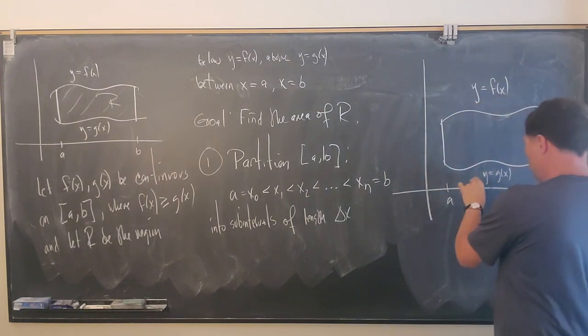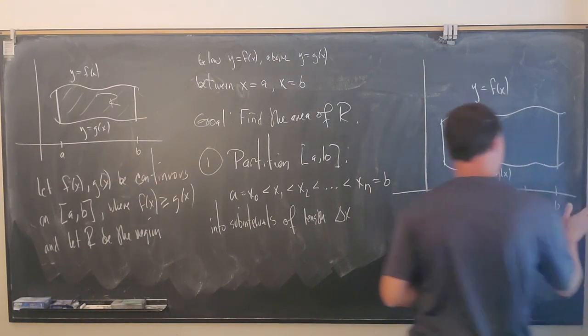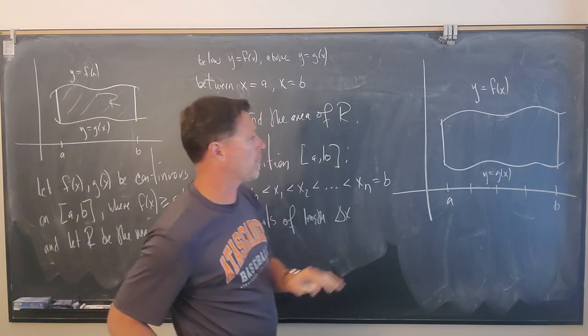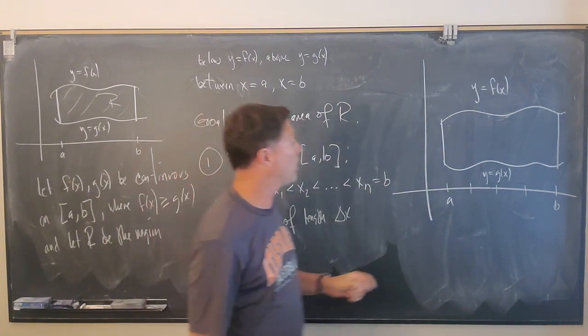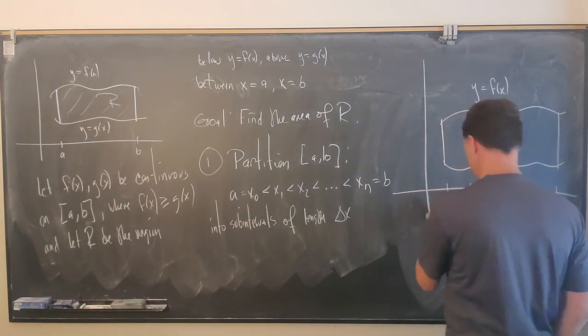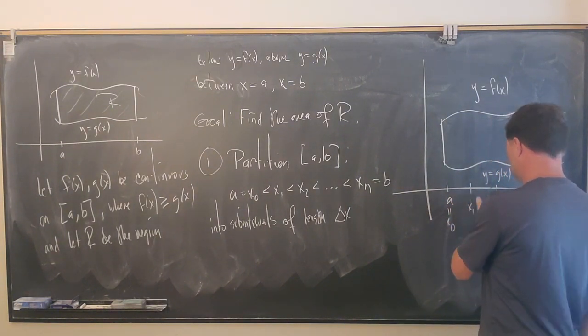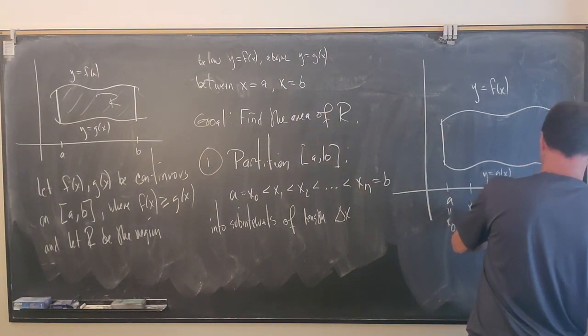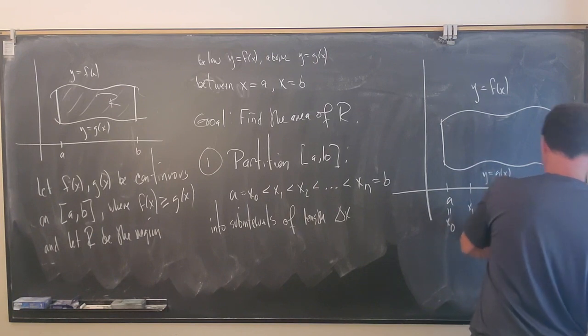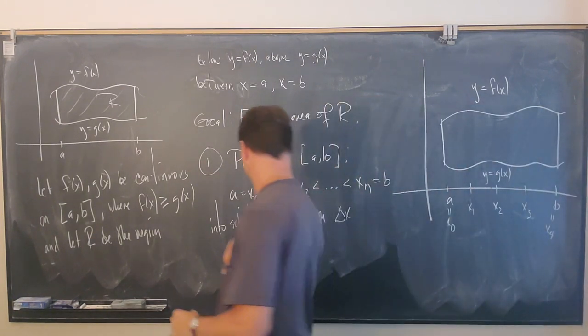In this case, I chose n equal to 4 because I don't want my picture to get too crowded. So what we have here, a equals x0, then I have x1, x2, x3, and then in this case, b, my last point, is x4.